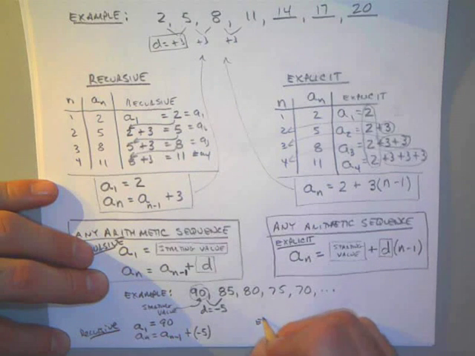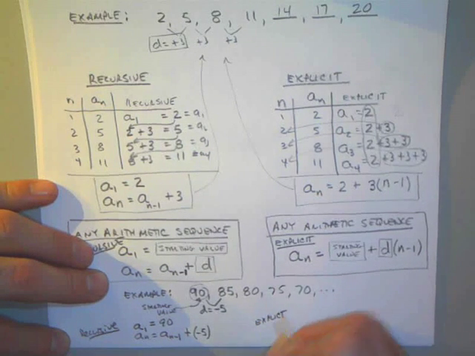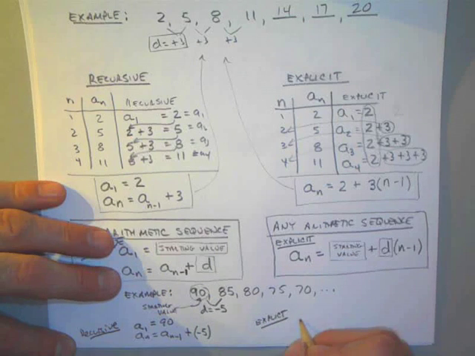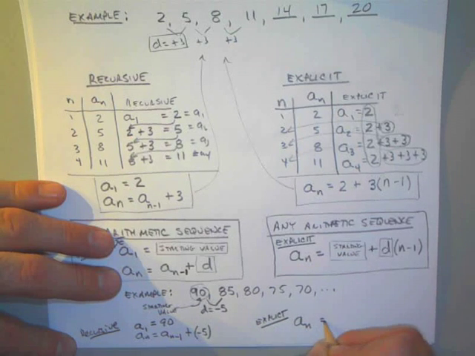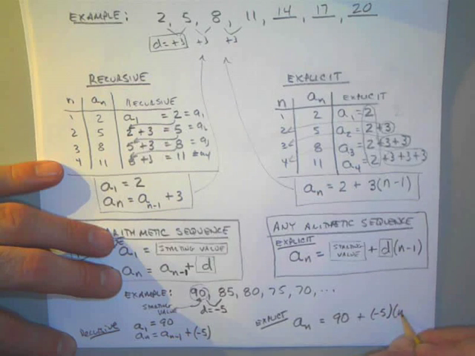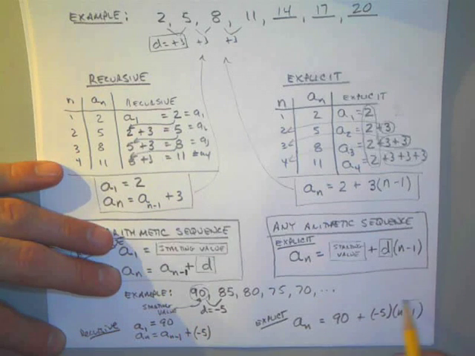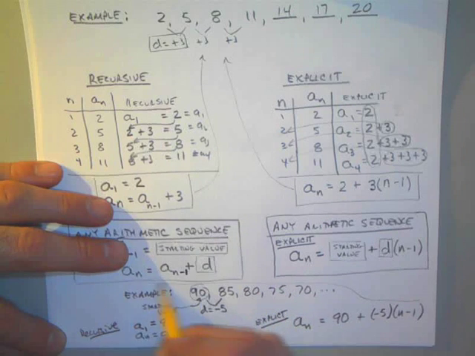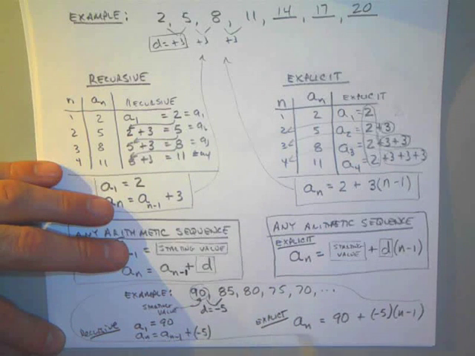And then our explicit formula will be an equals our starting value, which is 90, plus our common difference, which is -5 times n minus 1. And there we go. For this arithmetic sequence, we've written both recursive and explicit formulas.